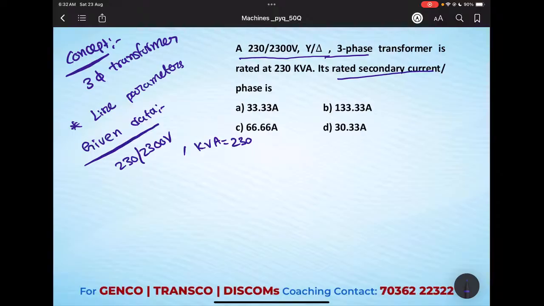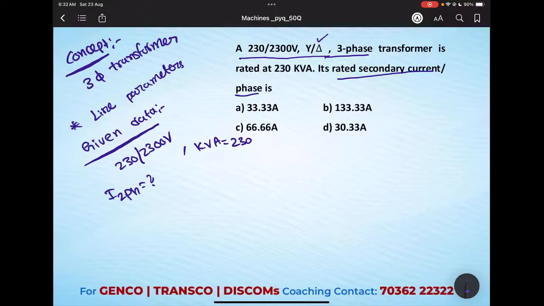Okay, if you see the type of connection here, they given as delta connection. They are asking rated secondary current per phase. So what we need to find out? Secondary side phase current we need to find out. Okay, so I already told the kVA will be same both primary side and secondary side of the transformer. So I will do the calculation in secondary side.